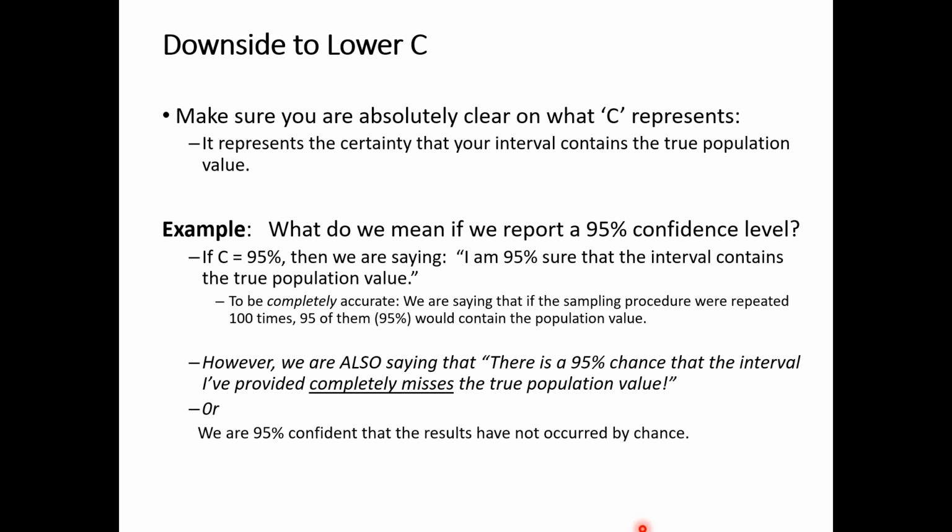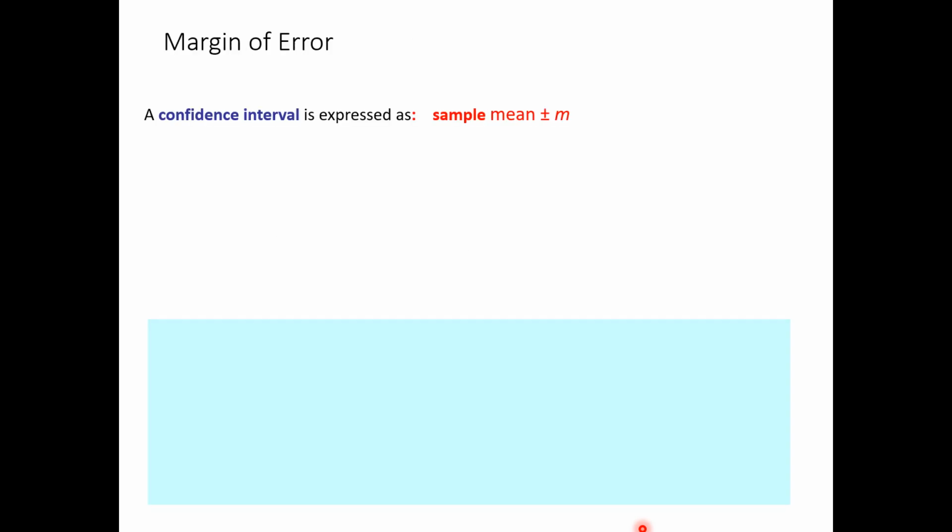So we are saying that we are 95% confident that the results have not occurred by chance. Chance would mean that it was such a lucky day, or an unlucky day, that we actually picked up a sample which was on the extremes, and we are predicting the population mean based on that, but it is very far from the population mean. So that's the risk as a researcher that we need to take.